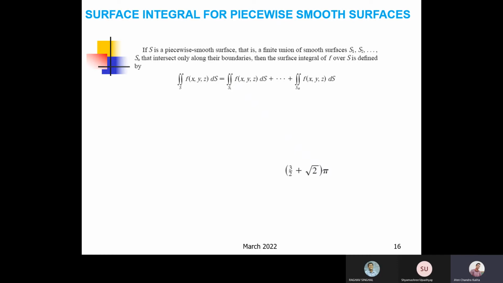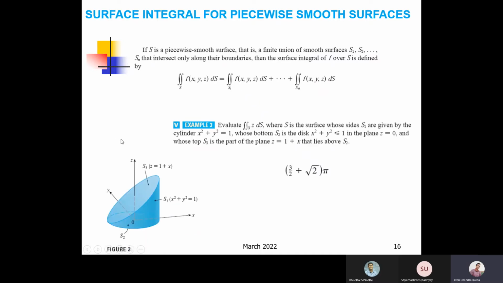It may be the union of some piecewise smooth surfaces S1, S2 up to Sn, that intersect only along their boundaries. Then the surface integral of f over S is simply defined as this. This is pretty obvious. So let us work out a particular example.